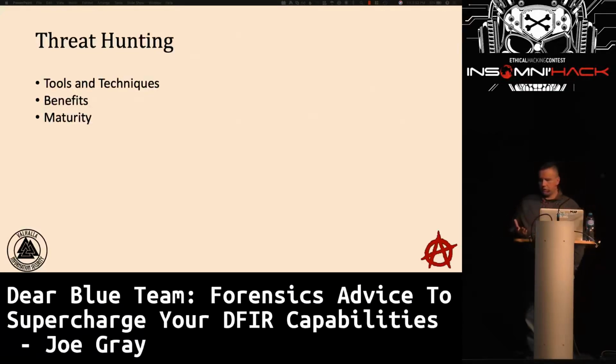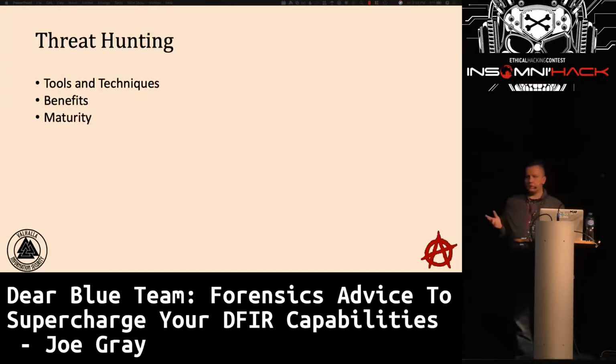In terms of doing threat hunting, that's going to be forensics before the incident, whereas regular DFIR deals with forensics after the event. In terms of the benefits of it, it can certainly slice your incident response time pretty dramatically. I don't want to say in half. It varies from organization to organization, but it will actually help you expedite that, and it will actually cut down on actual true incidents. So that's something to keep in mind.